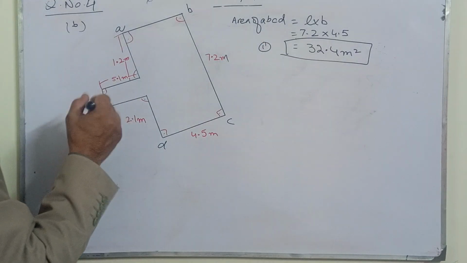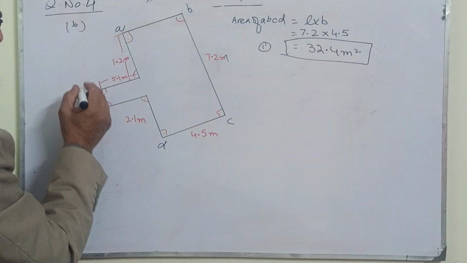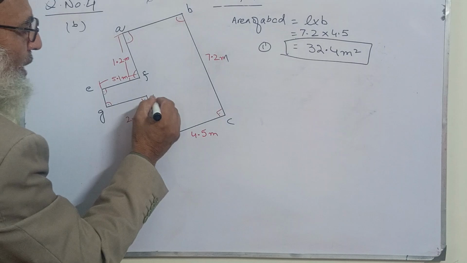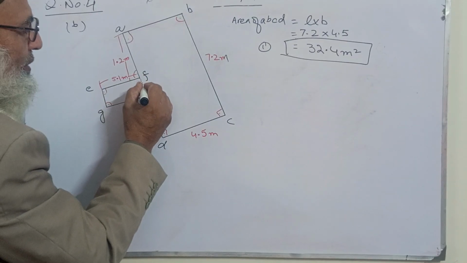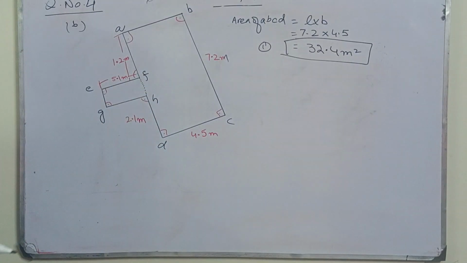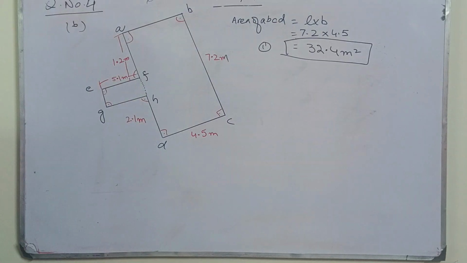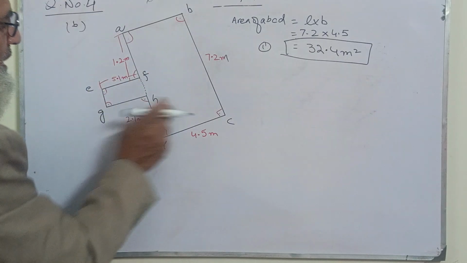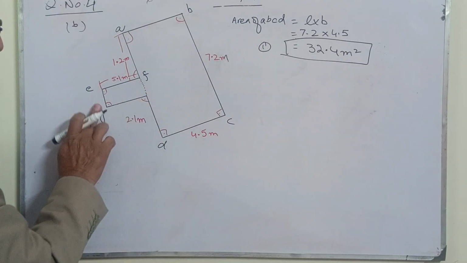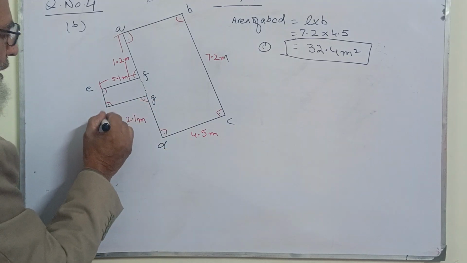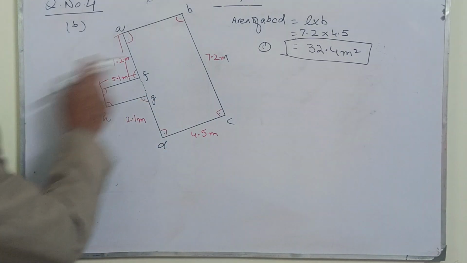Okay, now the area of the smaller rectangle EFGH. Now just join with the dotted line so that this smaller rectangle also appears to you. Now this is EFGH, like EF, then G should come here and H should come over here.